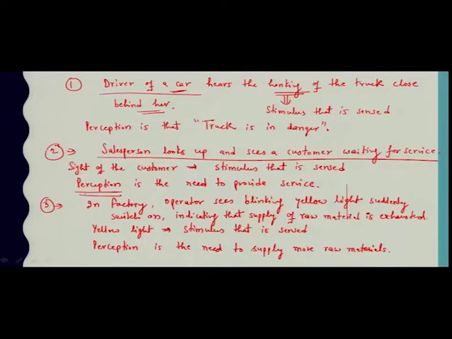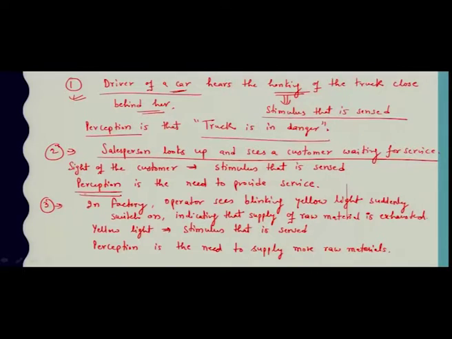So here we understood this concept with the help of three examples. First is the driver of a car running on the highway, suddenly seeing the truck which is coming and honking. That honking is the stimulus that is sensed, and the perception is that the truck is in danger and he has to take care of that situation. The second is a salesperson looking up and seeing that a customer is waiting for service; the sight of the customer is the stimulus that is sensed, and the perception is the need to provide service.